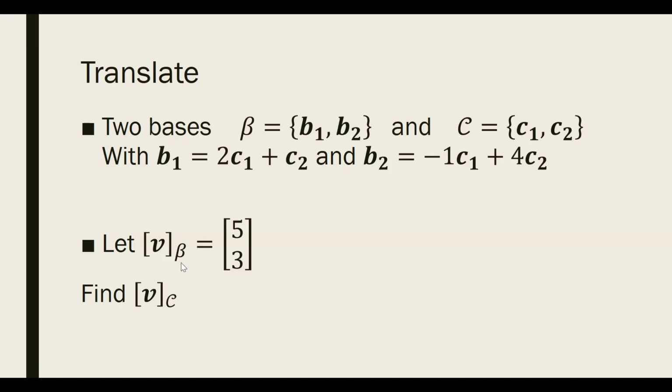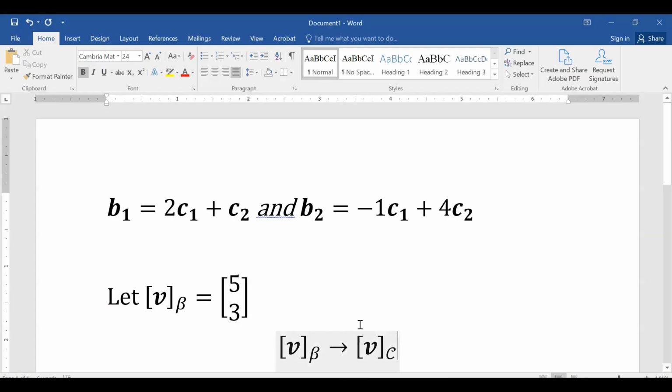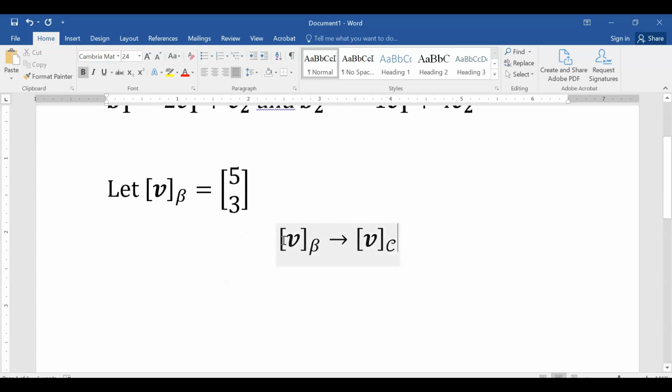We're going to go from basis B, this coordinate vector, and we're going to try to create a coordinate vector there. Now, if I think about this, we're going to go from this coordinate vector using this basis B to this coordinate vector using this basis C. What it's going to turn out to be is a matrix transformation.